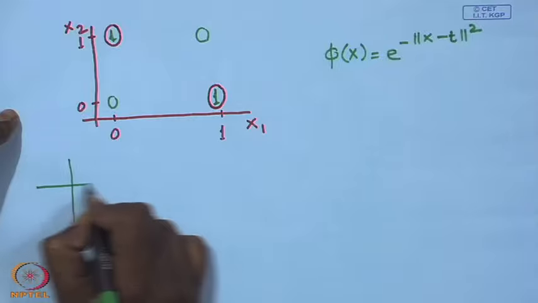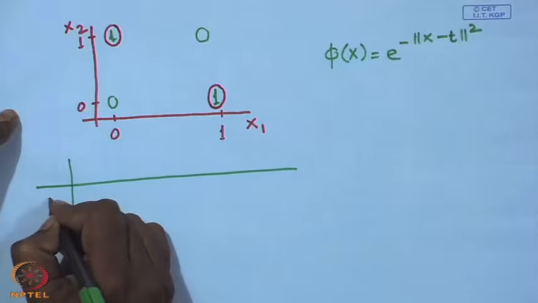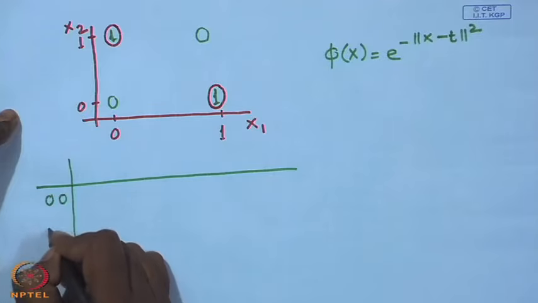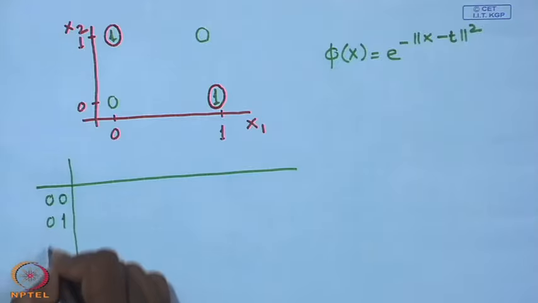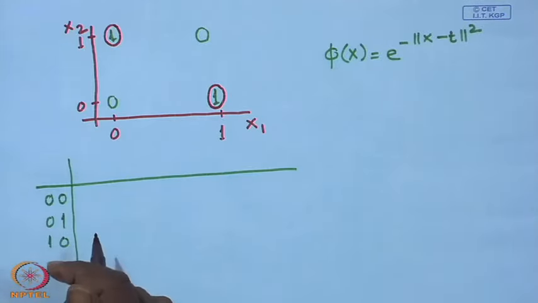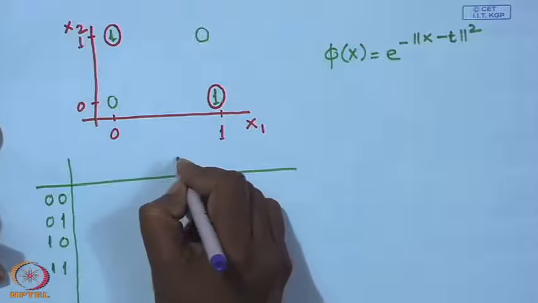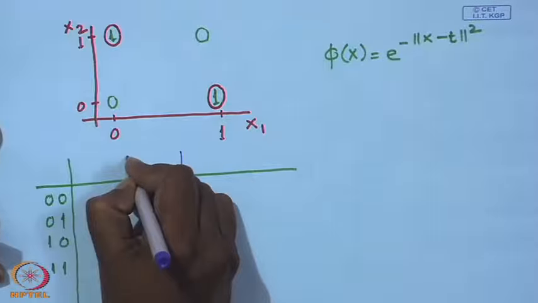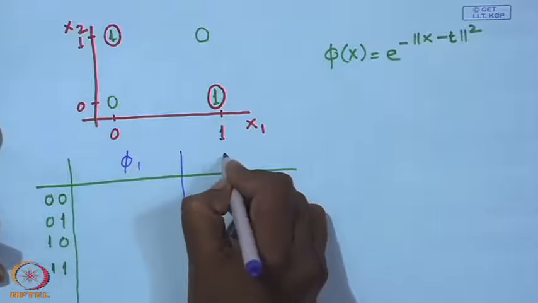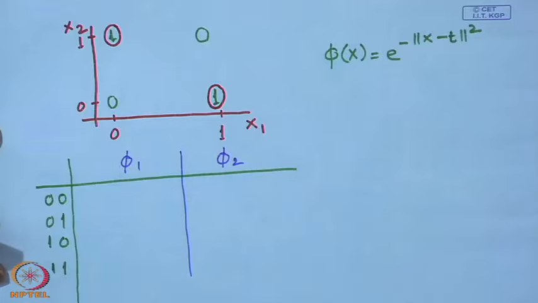So, I will put these inputs, my inputs are 0 0, 0 1, 1 0 and 1 1, and I will have the output functions. One is phi 1 and the other one is phi 2.